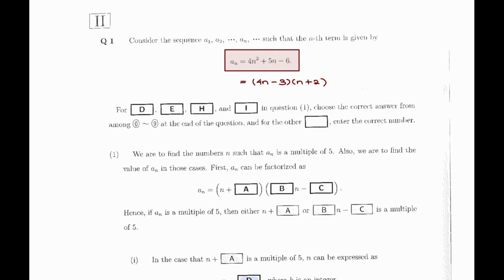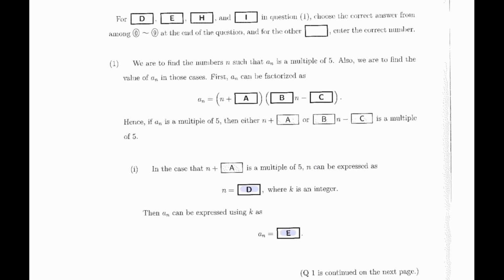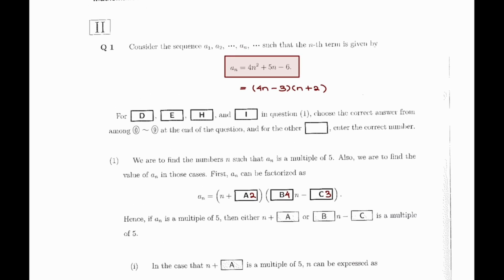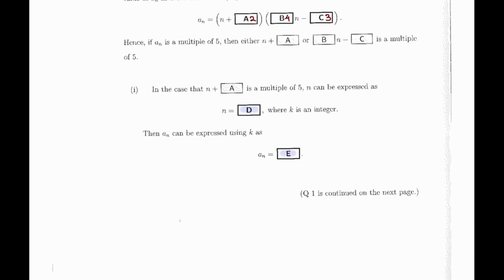So a here is 2, and then b and c are 4 and 3. So an is equal to n plus 2 times 4n minus 3. We already get the answer for a, b, and c. Hence, if an is a multiple of 5, then either n plus 2 or 4n minus 3 is a multiple of 5.